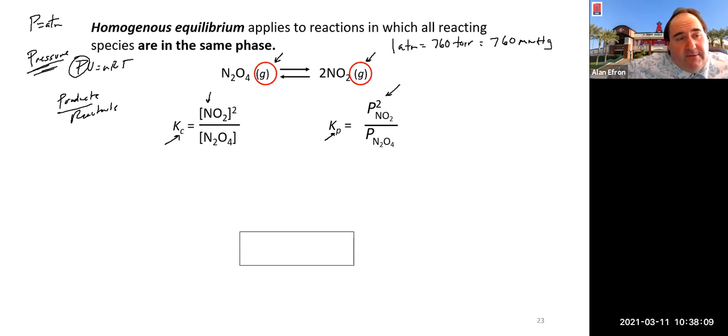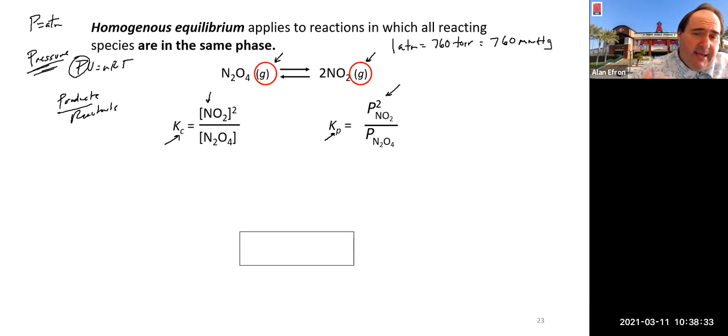But usually when you do the calculation involving pressure and the equilibrium part of the calculation, which we'll talk about later in this chapter, you want to do it in atmospheres and then convert it back to whatever unit they're looking for. So it's important to keep that in mind as we go through it. And again, I'll point it out when we get to that appropriate part. But usually atmospheres is the unit that you want to use.